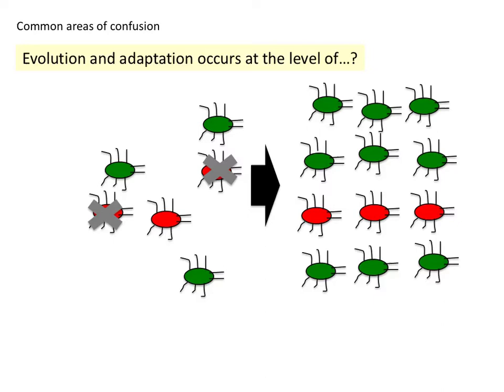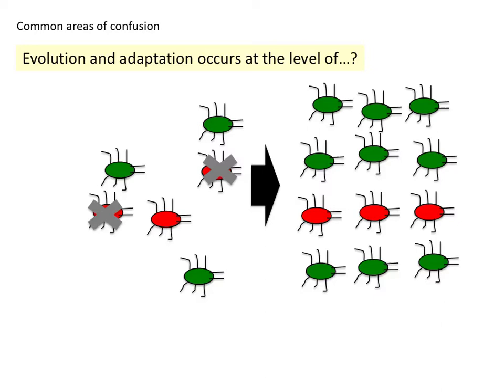One of them is, at what biological level do evolution and adaptation occur? All too commonly, people think that these processes affect the level of the individual, and that is simply not true. It's very important to remember that evolution and the adaptations that result from evolution, and adaptation is a change in a physical property of an organism that affects its fitness.